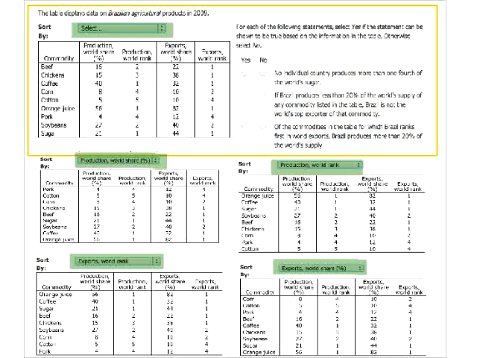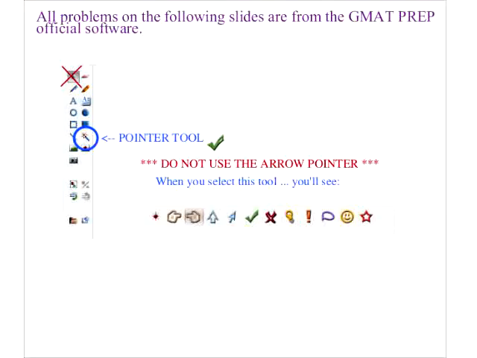Okay, so here's what we're going to do. Please pick one of the pointer tools. It doesn't really matter which one of these pointers you use. Ideally, it'd be kind of cool if a bunch of people were using different pointers, because then you'll see where everybody's at.